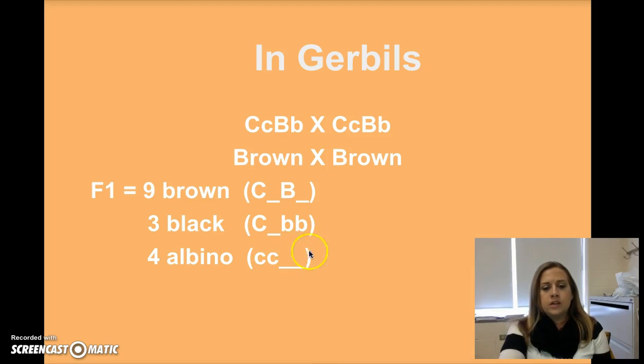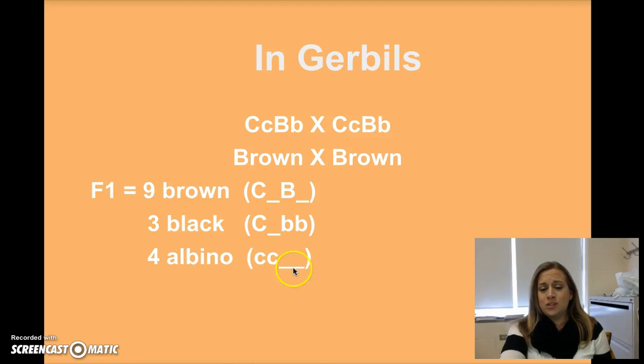And so you can see here that the last 2 letters have been left blank because honestly it doesn't matter. Their fur is not going to show up black or brown, so you can simply write it as lowercase c because they will be albino. And so this part of the genotype right here essentially blocks this part of the genotype from being shown in the gerbils.